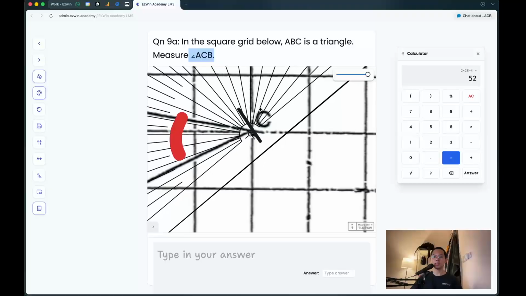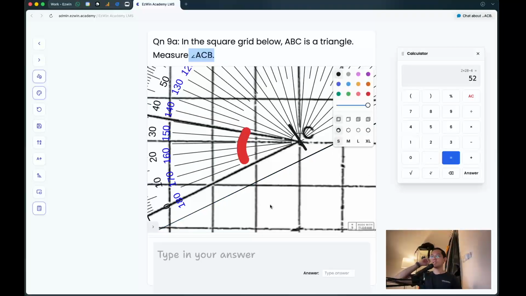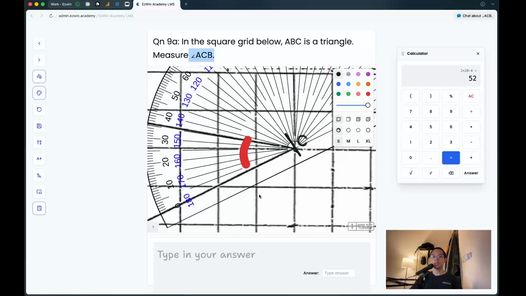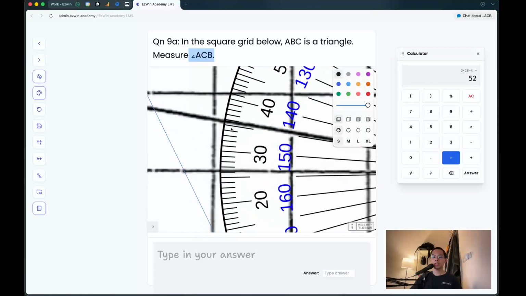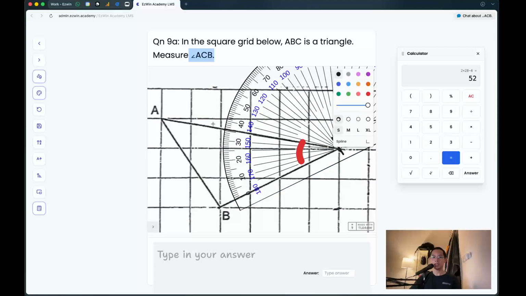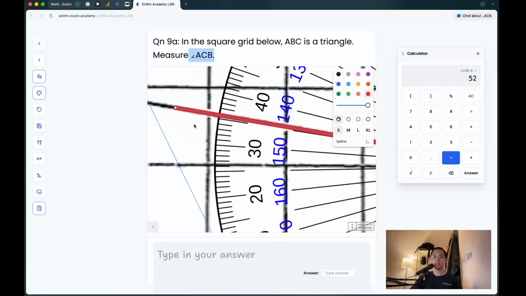From here, we can just align this line to angle ACB. That looks something like this. And then we can just zoom out a bit. And you see that the line that hits angle ACB in red over here is 36. So the answer to this question is 36 degrees.